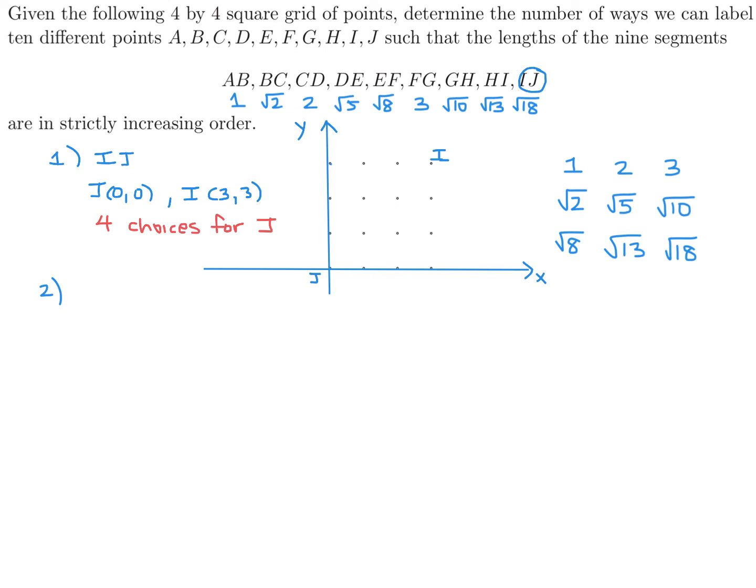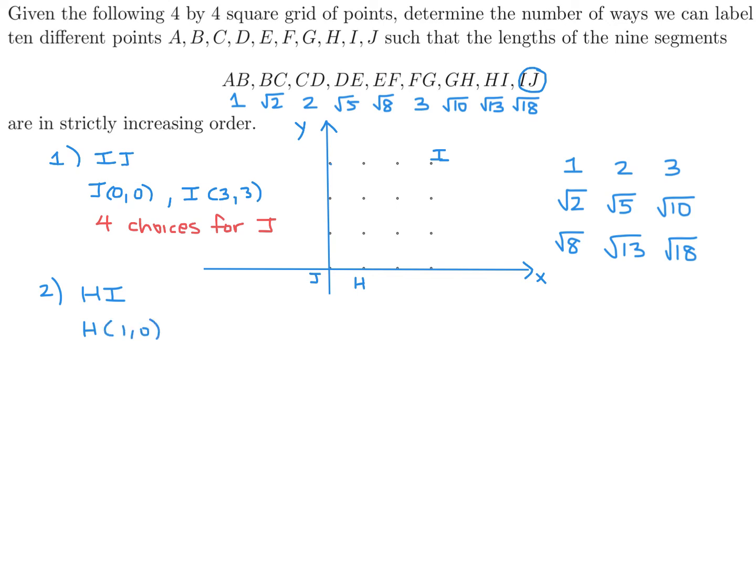Now HI is our next one. HI is root 13. So that means I can put H here, right? Because that would be root 13, since it's 4 plus 9. So that's fine. So the coordinates of H are 1, 0. But here's the thing.